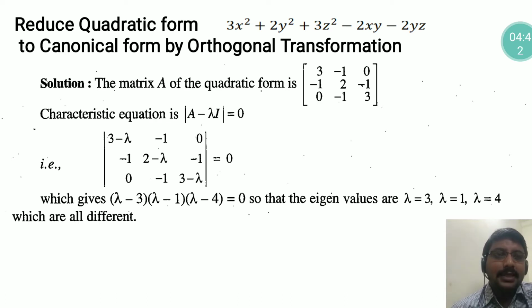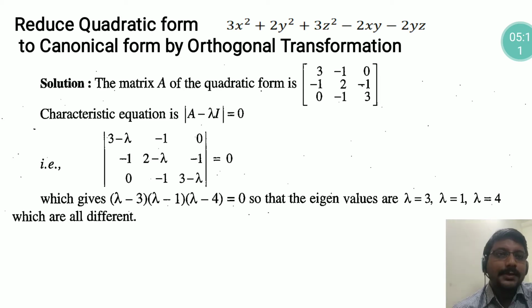To define this, just write x, y, z in a row, write x, y, z in a column, and take the 3 by 3 matrix as the coefficients of x square, xy, xz; yx, y square, yz; zx, zy, z square.